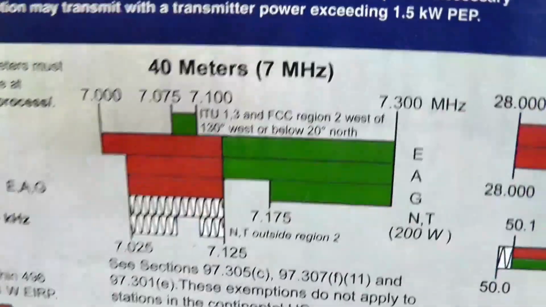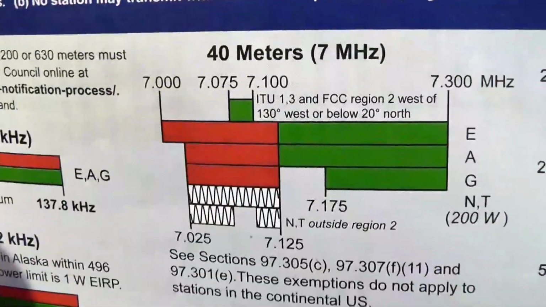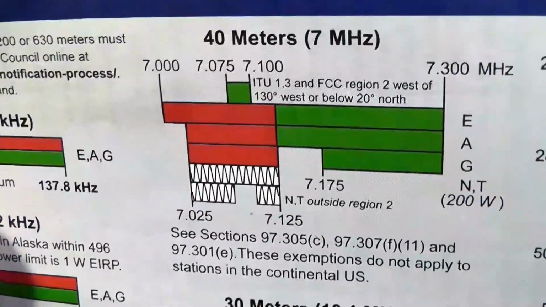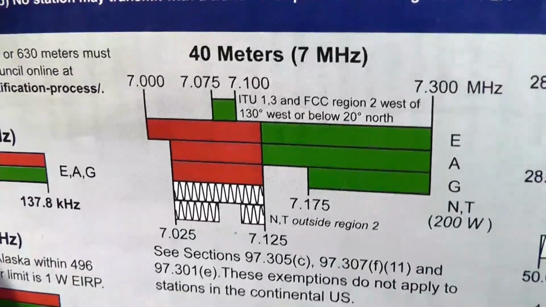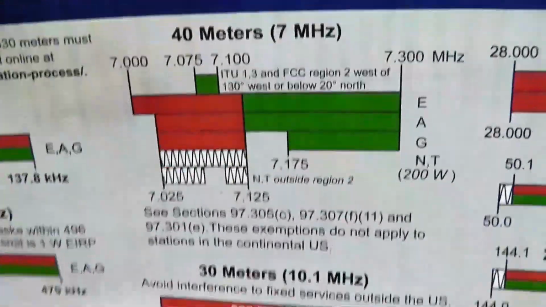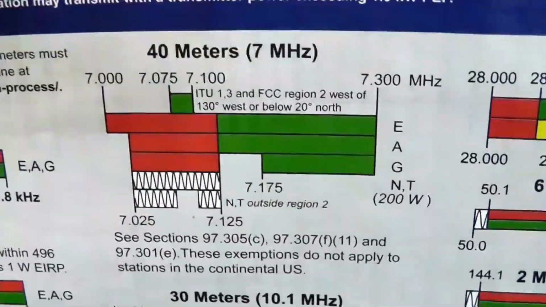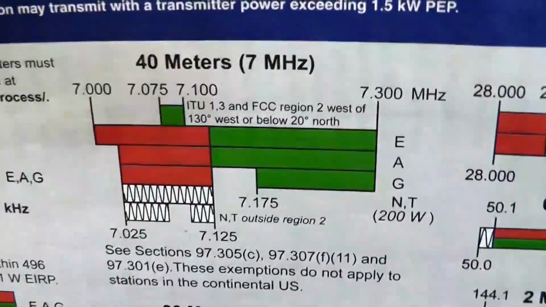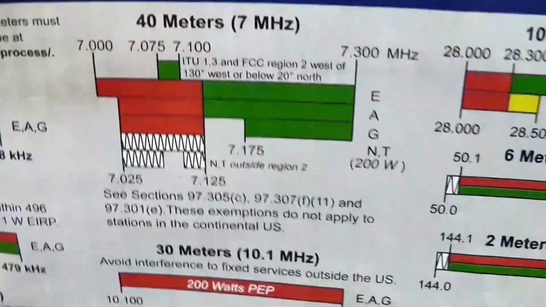Then on 40 meters, which is a great all-around band, you have almost the entire CW segment that you can operate on, except the first 25 kilohertz, which belong to the amateur extra. So your privileges on 40 meters for CW are the same as the advanced and general.